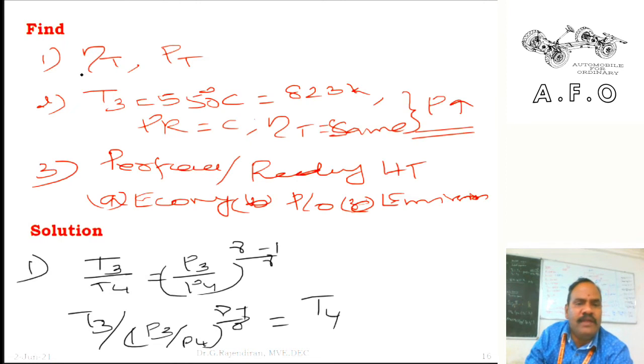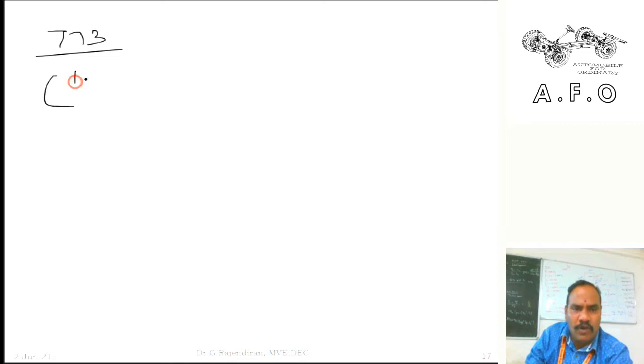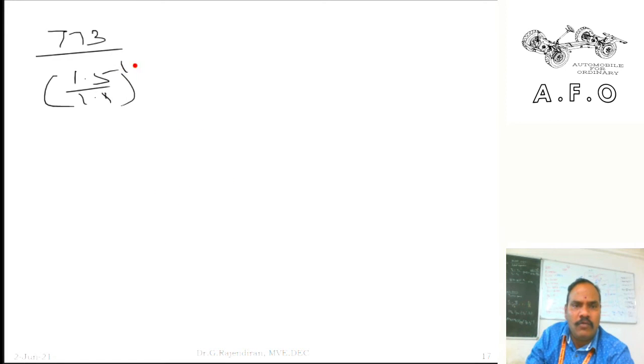So what is T3? 773 divided by 1.5 divided by 1.1 whole to the power 1.3 minus 1 divided by 1.3 is equal to T4.